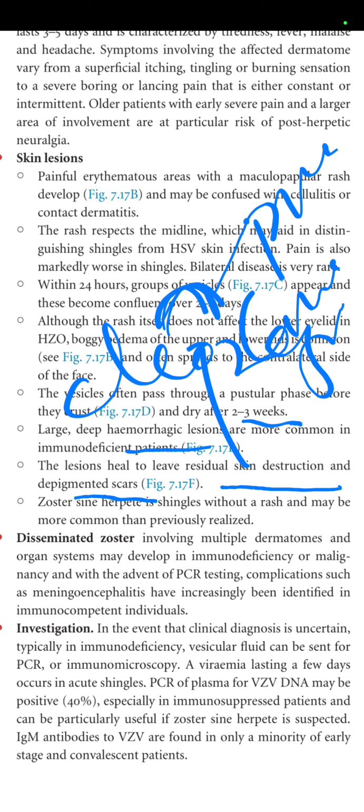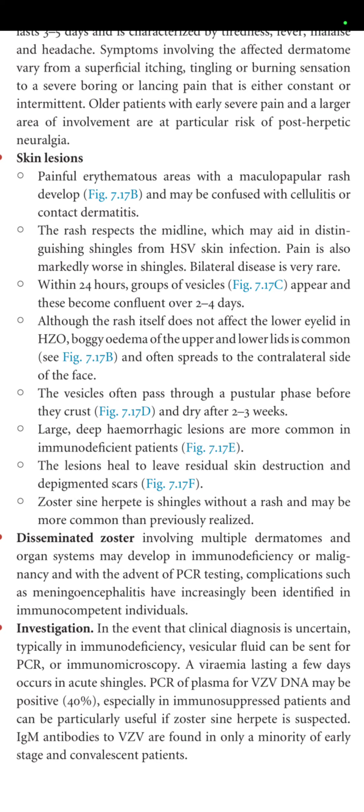Zoster sine herpete is shingles without rash and may be more common than previously realized. So there will be no rash, but there can be shingles. Disseminated zoster is when there is systemic involvement.